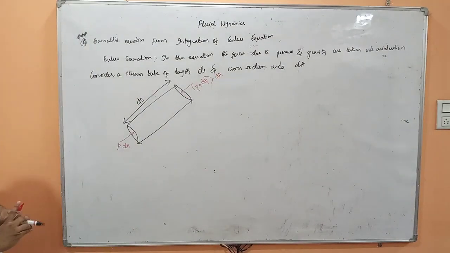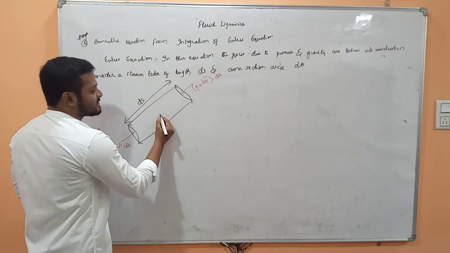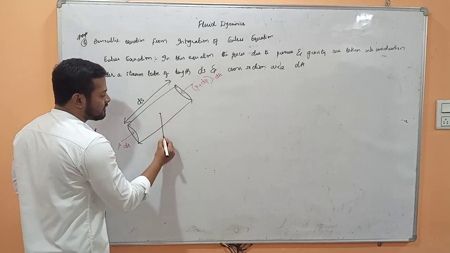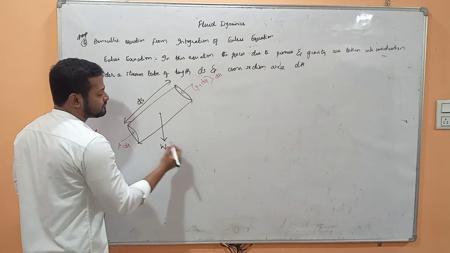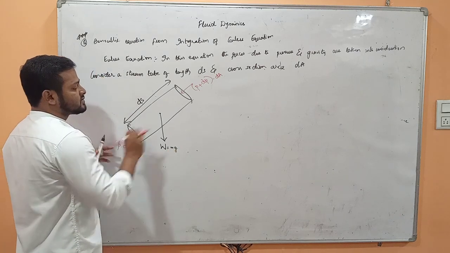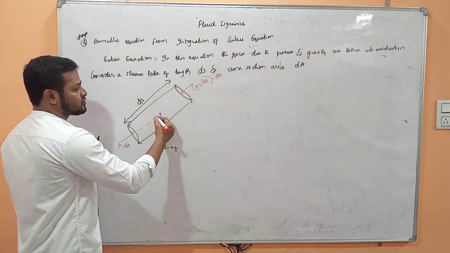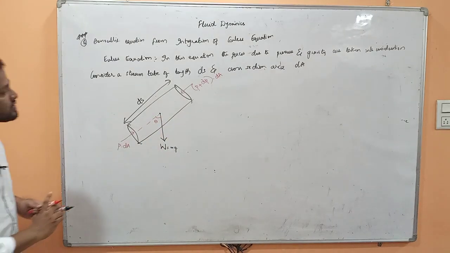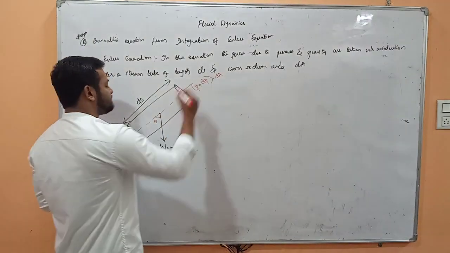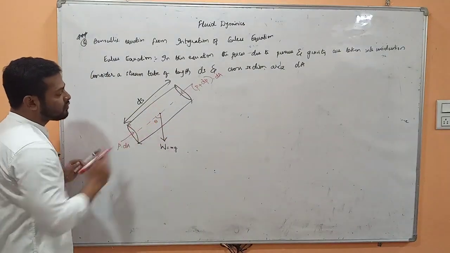So the next force which is acting is weight. Weight always acts at the center and the direction of weight is vertically downwards. So W is equal to mg. Okay, and because this is inclined, let's say the weight has an angle of theta with the direction along the length of the tube. So now this weight will have two components.